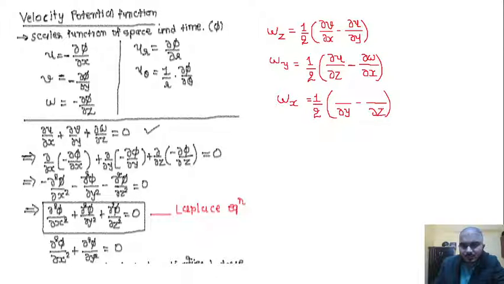So here we will have the perpendicular component as del w, and here we will have del v.